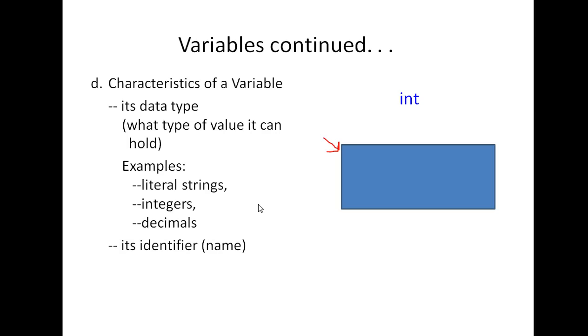The second characteristic of a variable is its identifier, or its name. So we've already done this. It's age in this case. And that's the identifier, and just like we named classes, now we're going to name variables. Its value is the third part of a variable. In this case, it's 12.